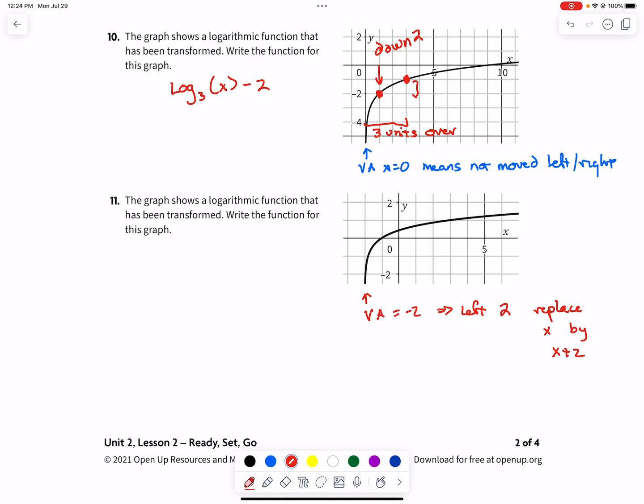So we're going left 2, and I look for 1 unit over from the vertical asymptote. It is not moved up or down, but it has been moved, notice, left 2. And then I look for 1 unit up from that, and that distance is a grand total of 5, so the base is 5. And notice it's 5 moved left 2.